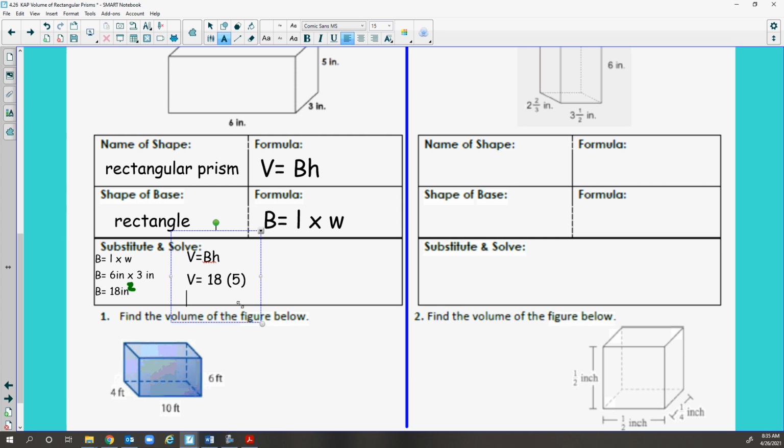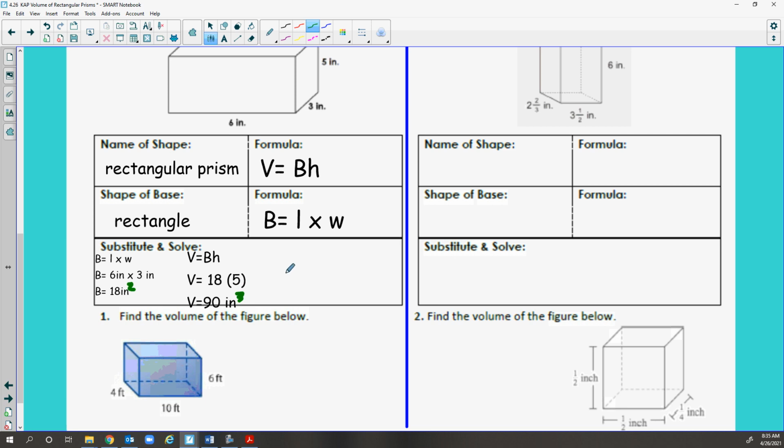That is going to give me a grand total for this volume of 90 inches cubed. Using this two-step formula makes it a little trickier to see how we get inches cubed.